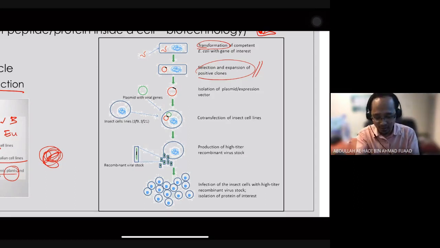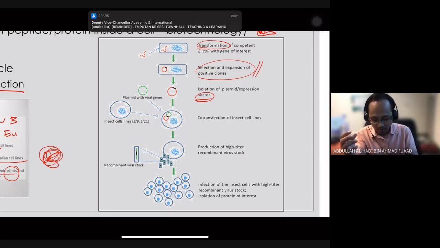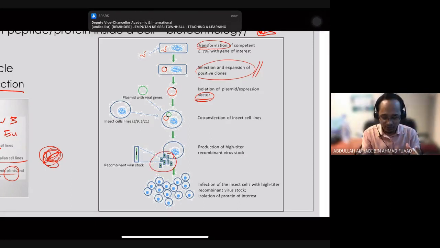But for cell-free synthesis, you skip that particular process. You don't put it in any organism, and you put it into something that we call a vector. And when you put this vector into bacteria, once there is a trigger, the host will produce the protein of interest.